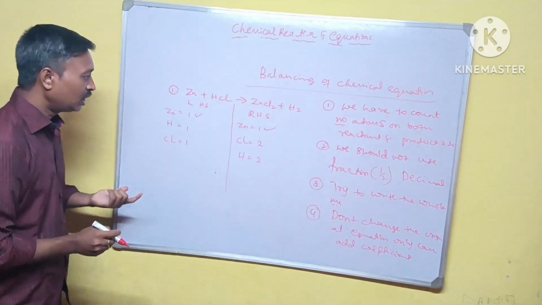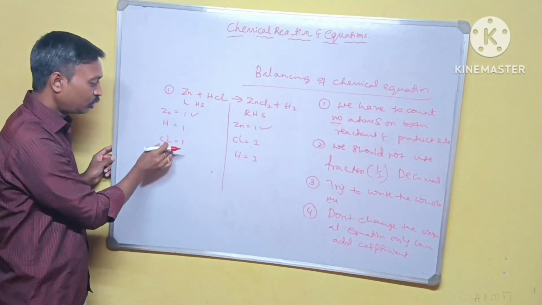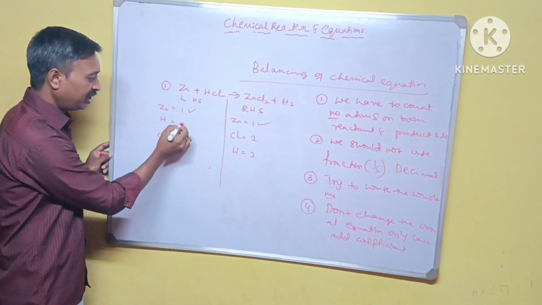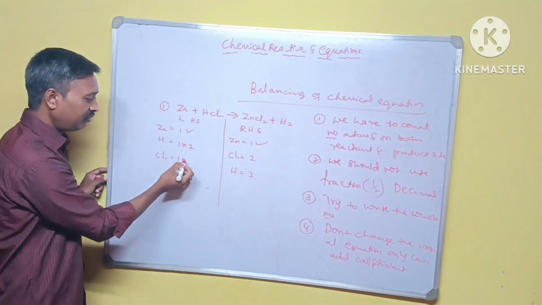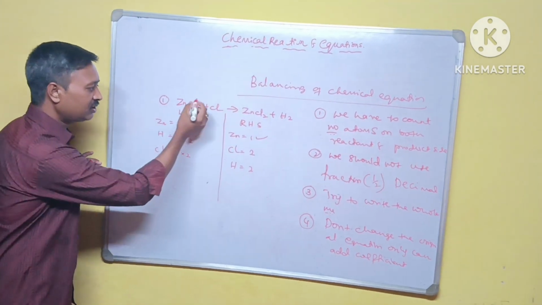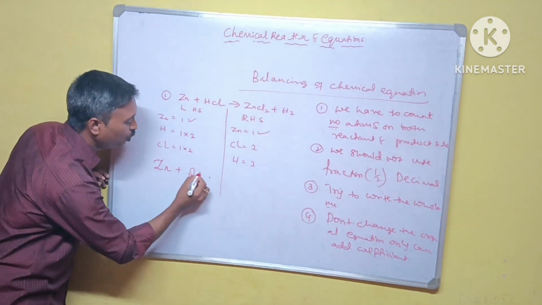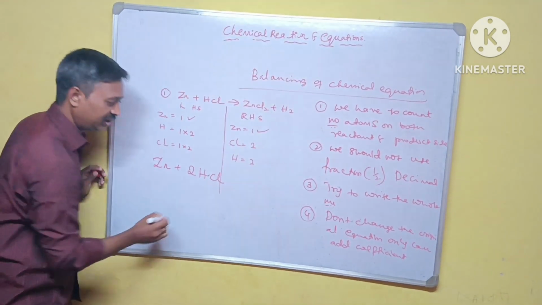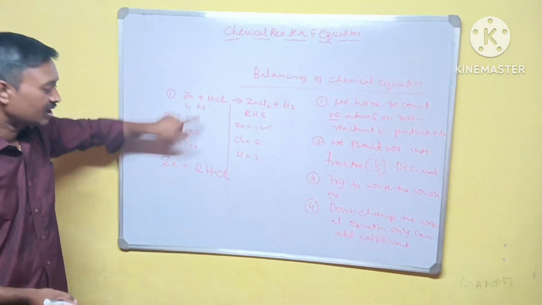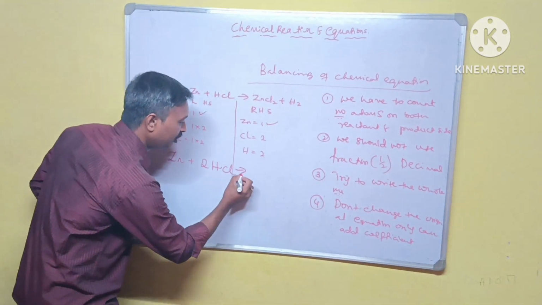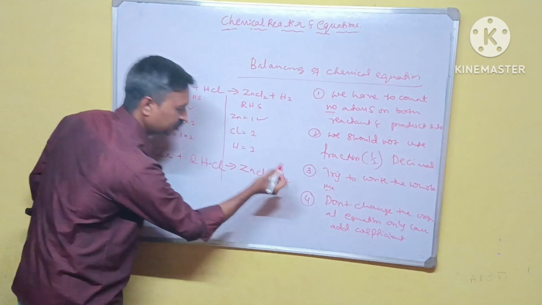So what do we have to do now? We have to convert the H into 2 and chlorine into 2. That means multiply HCl with 2. You write the original equation Zn plus 2HCl gives ZnCl2 plus H2.